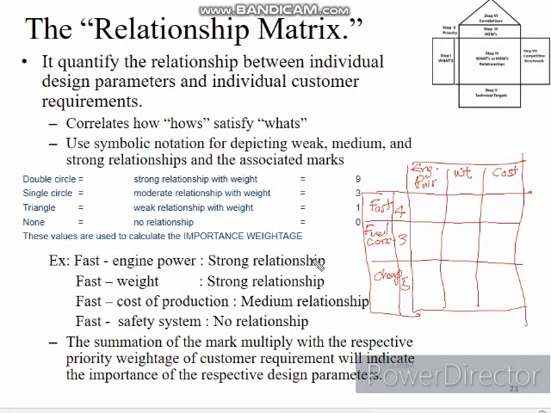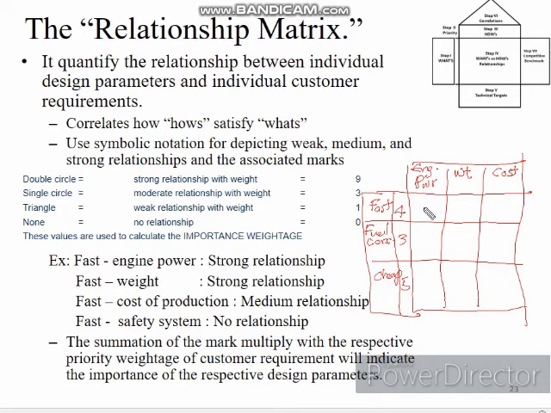For example, just now we have engine power, so we have to look at the engine power relationship with all these elements. For example, you want the car to be fast. Does that have a strong, moderate, or weak relationship with engine power?